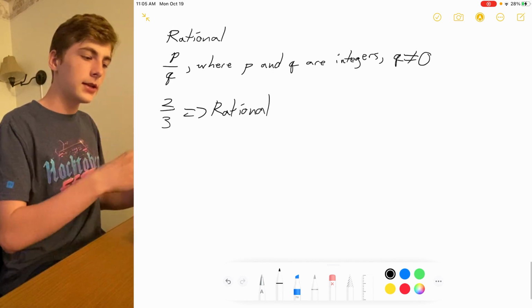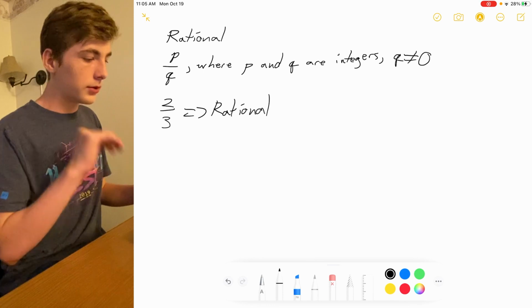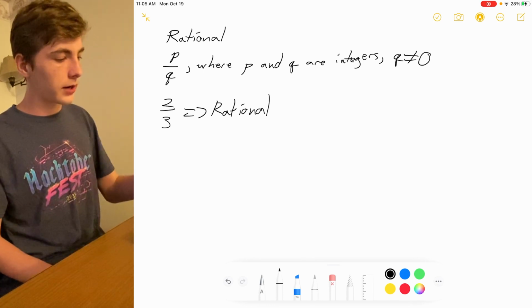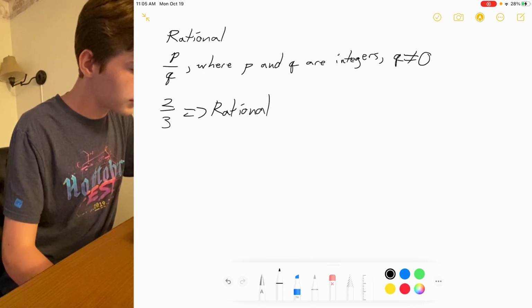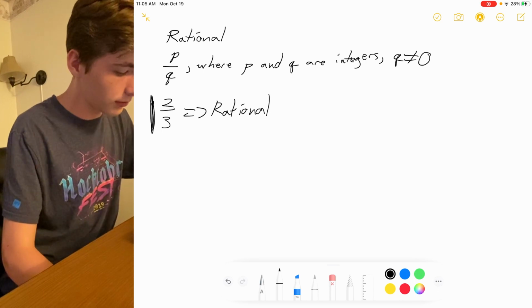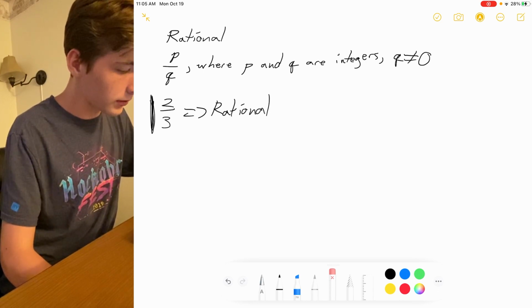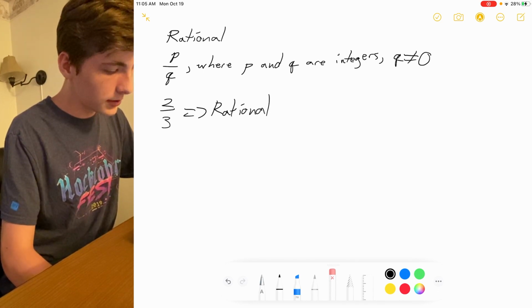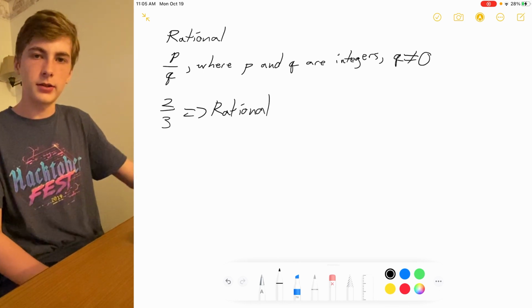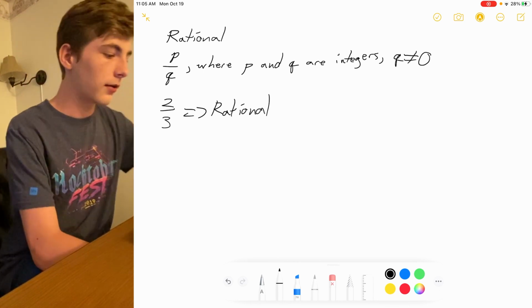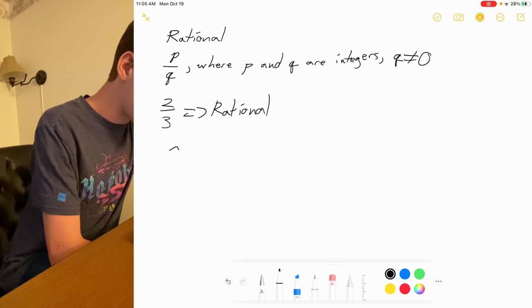Now if we add in decimals, some of the decimals were already added in when we added in fractions, because this 2 divided by 3 turns into a decimal. So that decimal is part of the rational numbers. But there are some decimals that don't fit into the rational numbers. For example, the number pi.